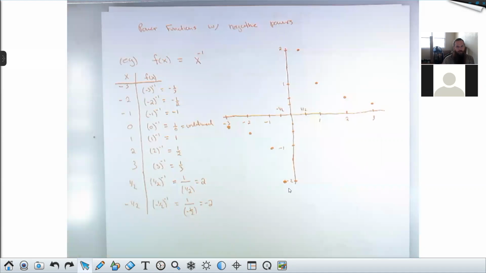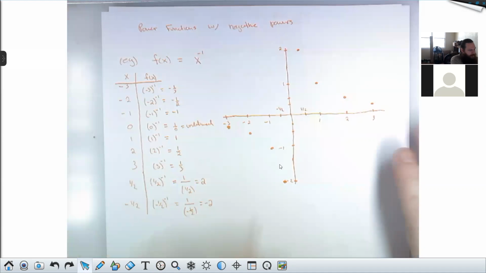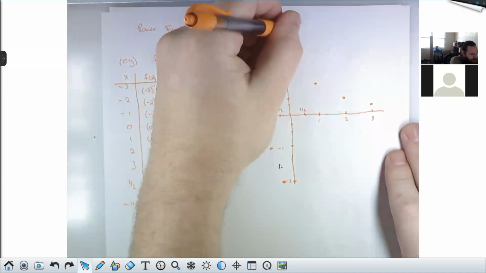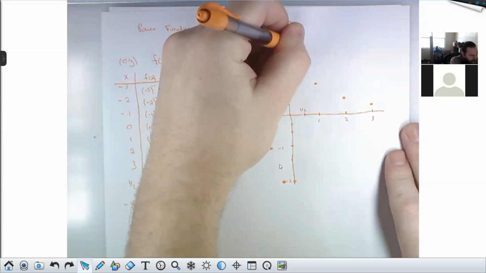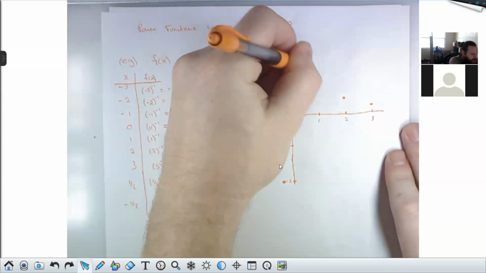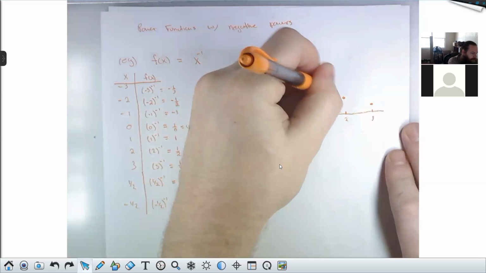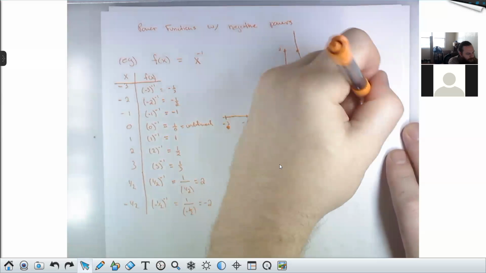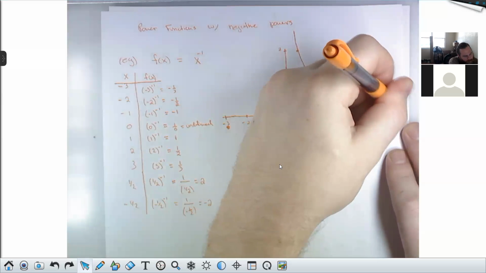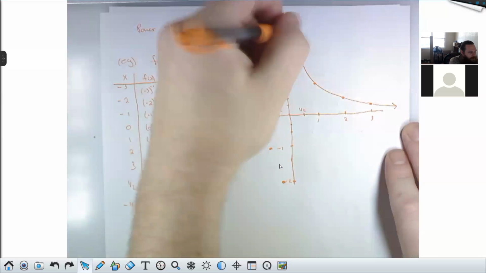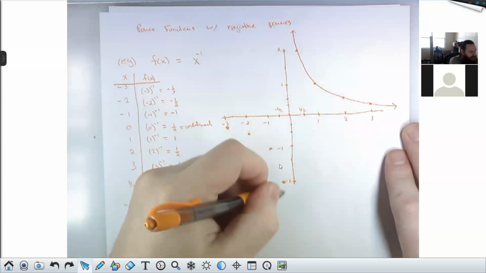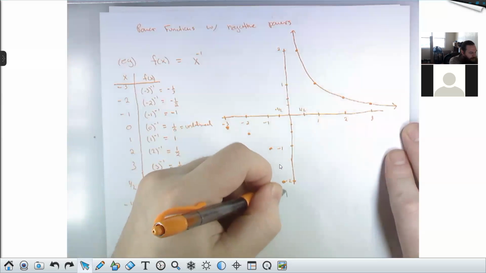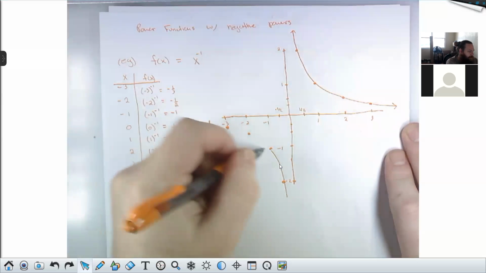So the shape of this graph is interesting. It's like getting steeper and steeper as you get closer and closer to 0. And then as your x values walk further and further away from 0, it's getting shallower and shallower and starting to sort of settle down on the x-axis. Does anybody know the name for that sort of behavior?